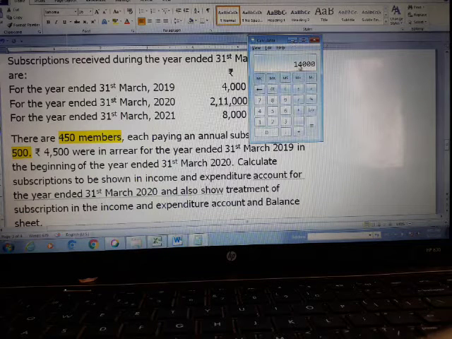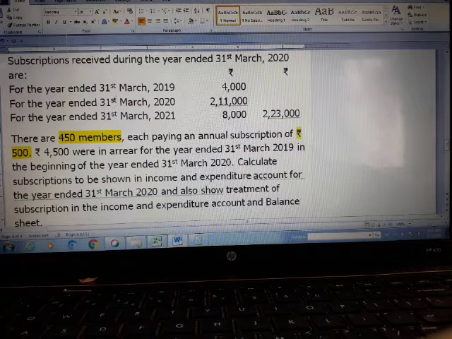So what will this 14,000 denote? This 14,000 will denote my outstanding subscription amount for the current year ended 31st of March 2020. Can you understand?